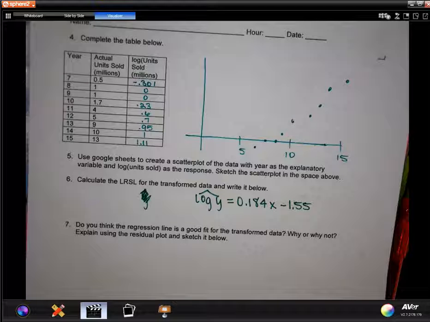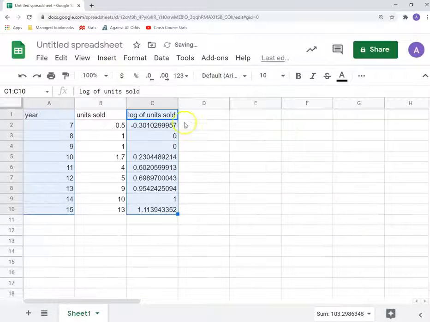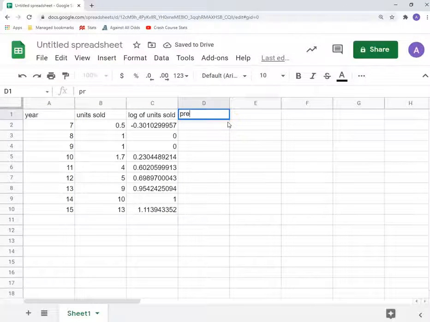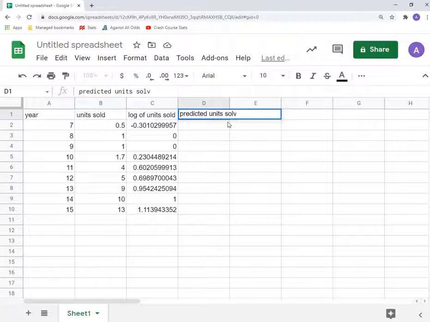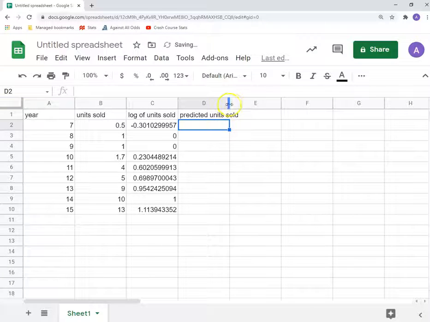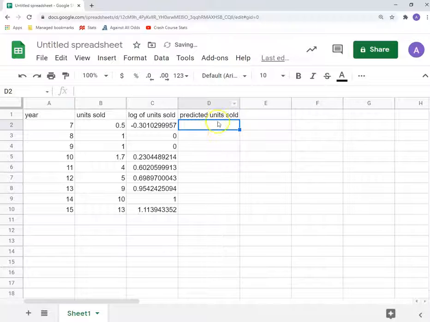And then you need to make your residual plot. That is so much work. It's not that much. How do you type that in? We're going to do our predicted units sold.